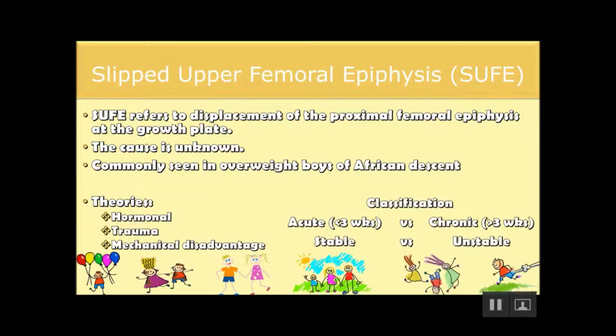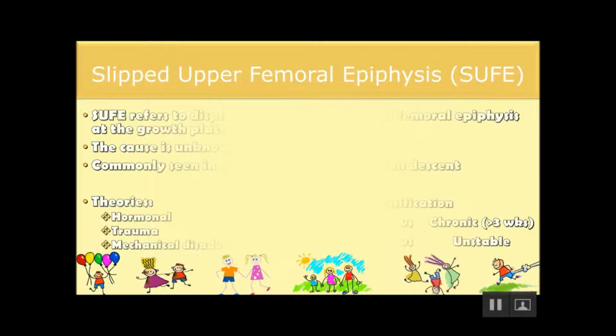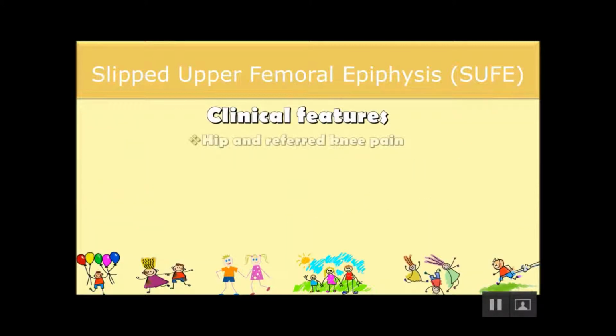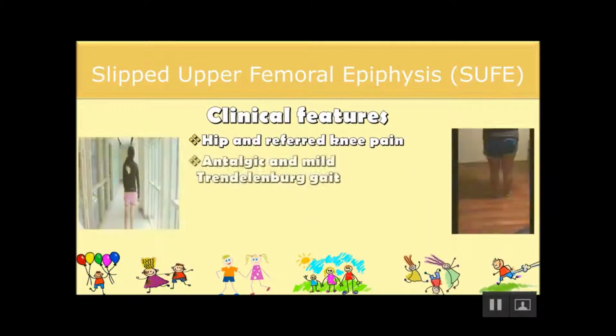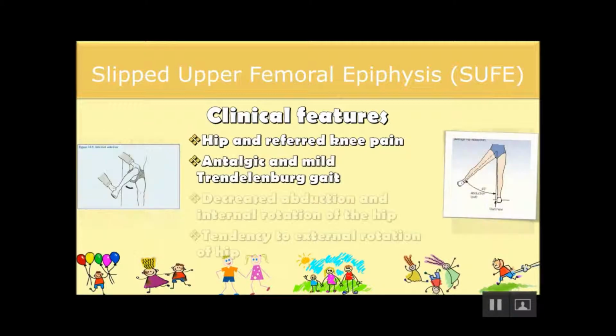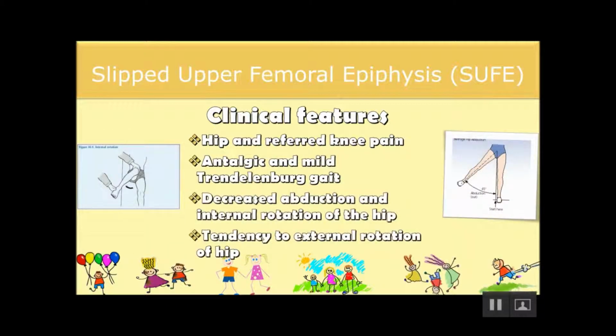It's classified into acute, being less than 3 weeks, and chronic, which is more than 3 weeks. It can be stable, where the patient can bear weight with or without crutches, and unstable, where the patient cannot bear weight. Clinical features include hip and referred knee pain, an antalgic and mild Trendelenburg gait, and decreased abduction and internal rotation of the hip, with a tendency to externally rotate.